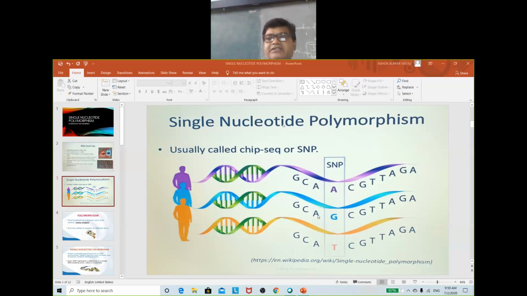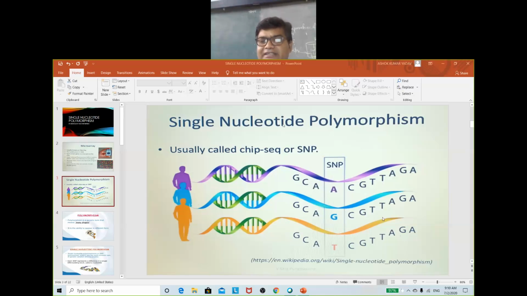This diagram actually indicates the position, meaning where the difference occurs at one nucleotide. So in two or three persons, they differ from each other, all others are identical. You can observe all are identical. This is GCA, GCA, GCA, all are similar, like CGTTAGA.